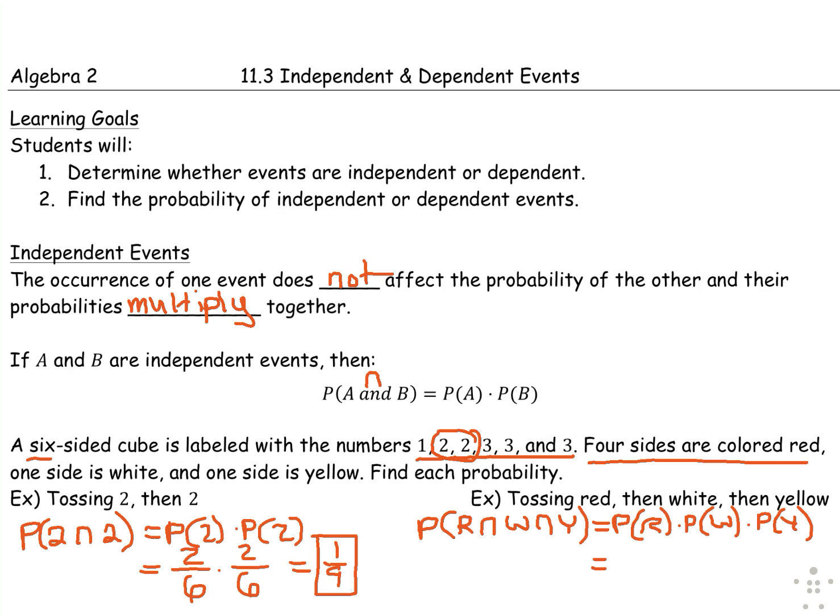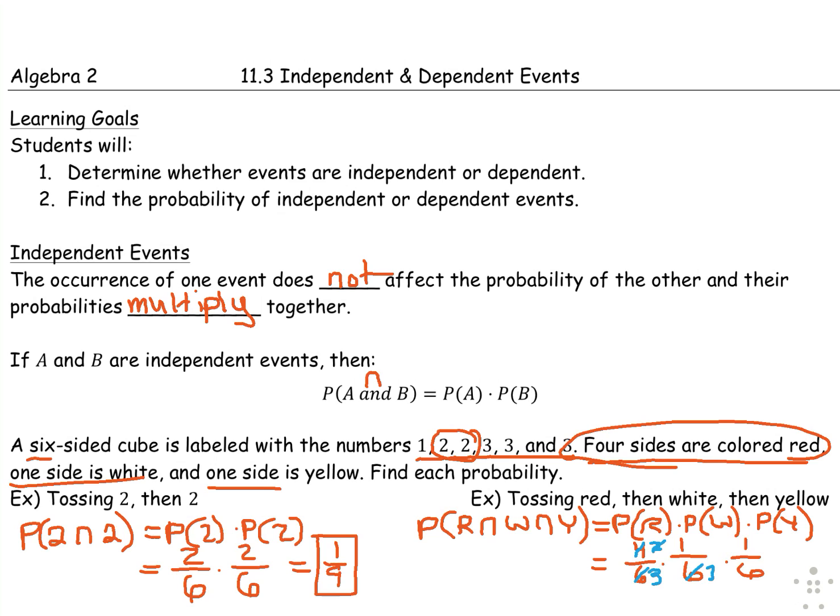Remember, this is not a standard colored die either, so 4 sides are colored red. So 4 favorable over the 6-sided dice, 6 total. White, there's 1 of those sides, and yellow, there's 1 of those sides. Simplifying before I multiply: 2 into 4 twice and into 6 thrice, and then 2 into 6 thrice.